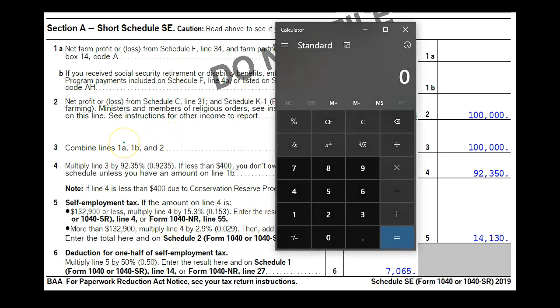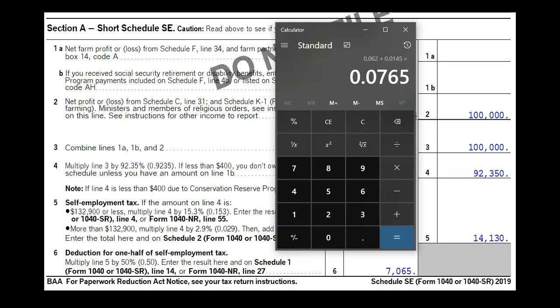If you were a W-2 employee, you'd be paying Social Security tax, which is basically a flat tax of 0.062, or 6.2%. Medicare would be 0.0145. So 0.062 plus 0.0145 means in total, you'd be paying 7.65% out of your wages that was withheld from your wages.